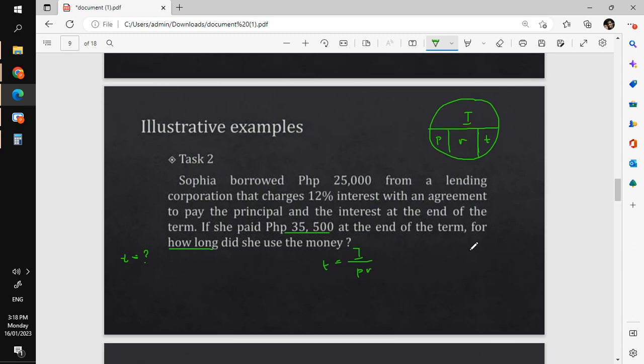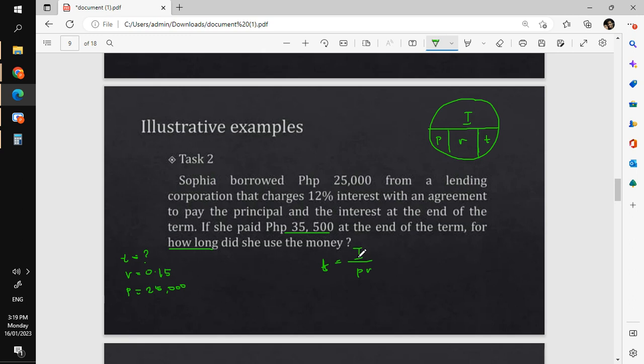Now, before you substitute all the given values, you have to list them down first. Given this one, the rate of interest, that is 12% or 0.12, and the principal amount, that is 25,000 pesos.